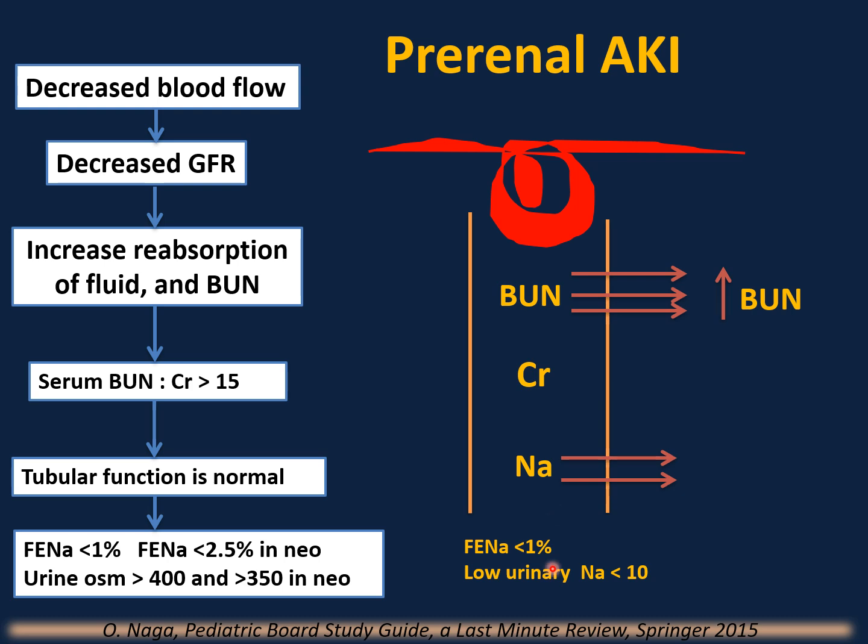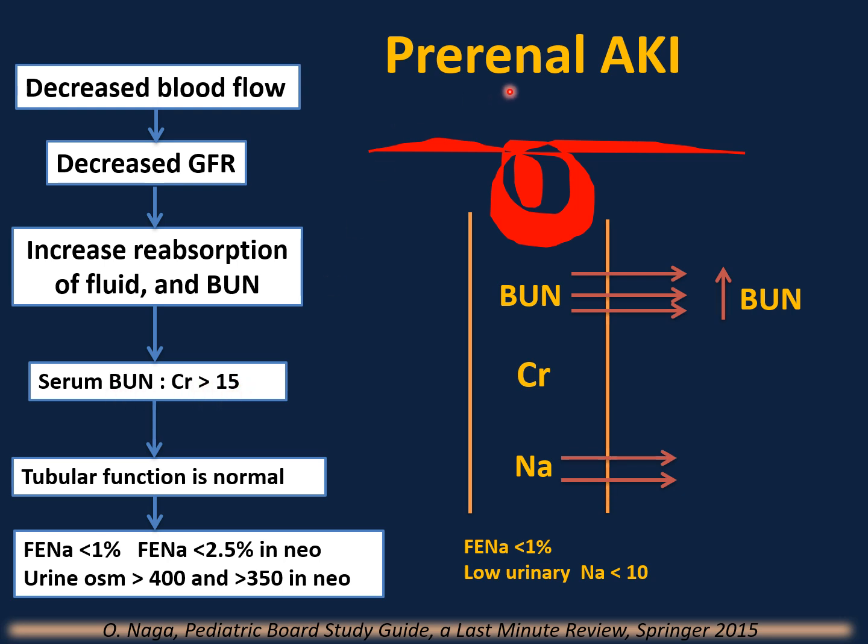So remember, low urinary sodium and concentrated urine or high urine osmolarity, because the kidney is healthy, is able to concentrate the urine. So the aldosterone will take more water, and with the water will go more BUN. So the BUN will be increased in the blood. So in this case, the BUN to creatinine ratio will be more than 15. Normal is 15. In this case, it will be increased.